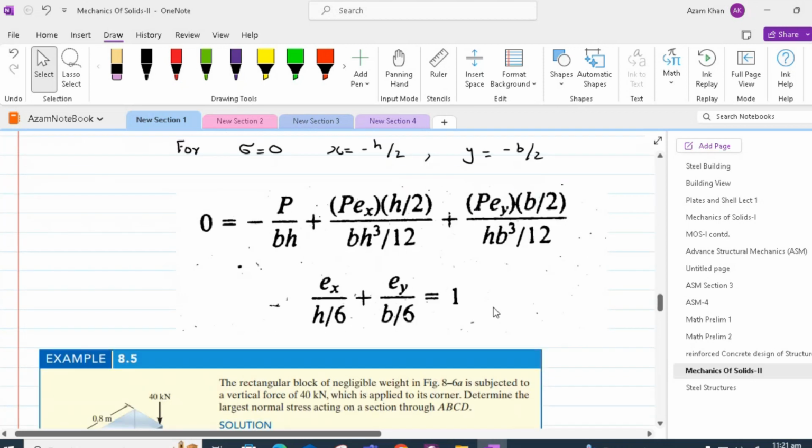And from here, we will get ex by h by 6 plus ey by b by 6 equal to 1.